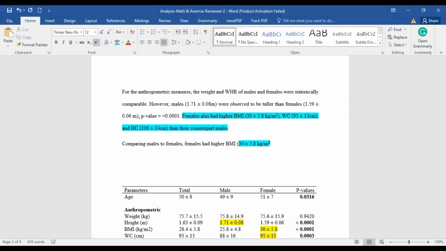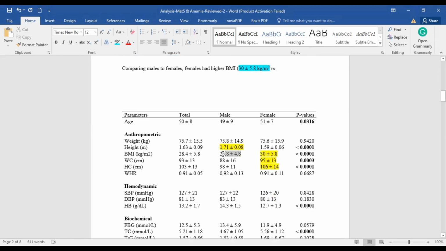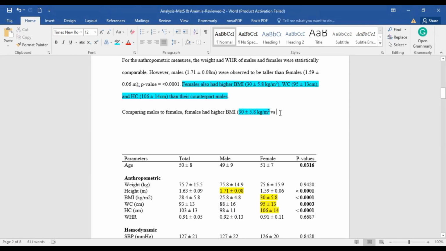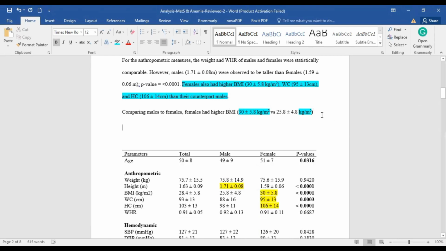Then we see versus. We see versus. Then we'll put the male one. The BMI for, and then comma, WC.